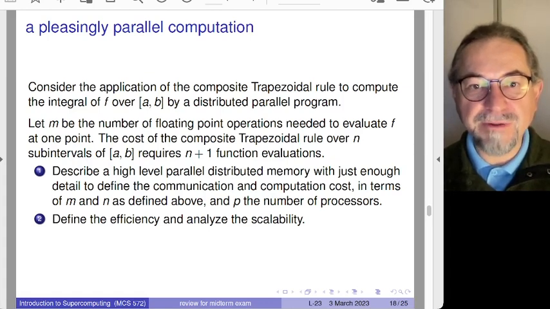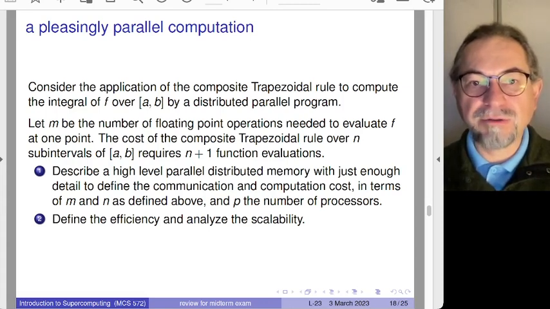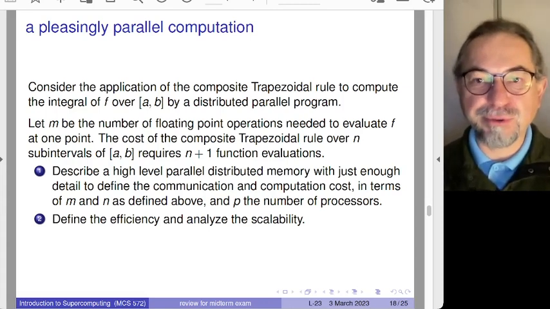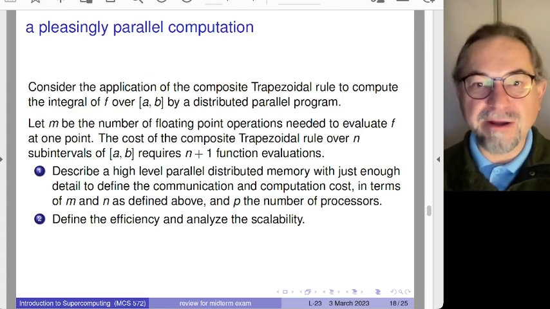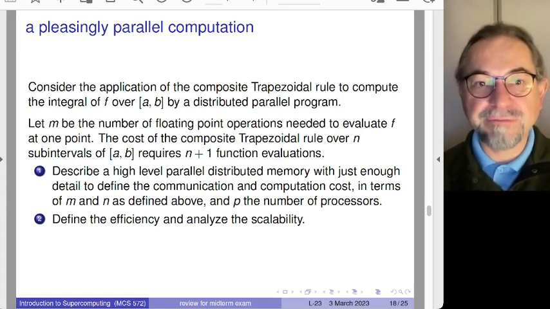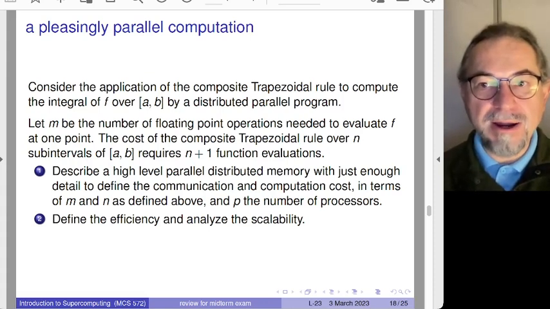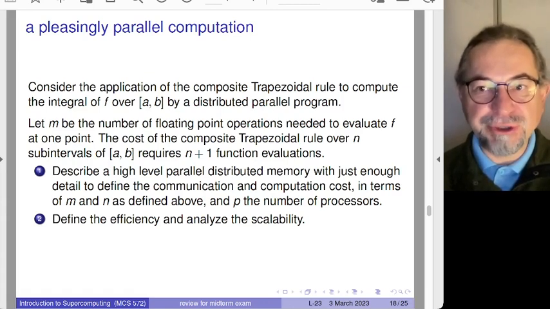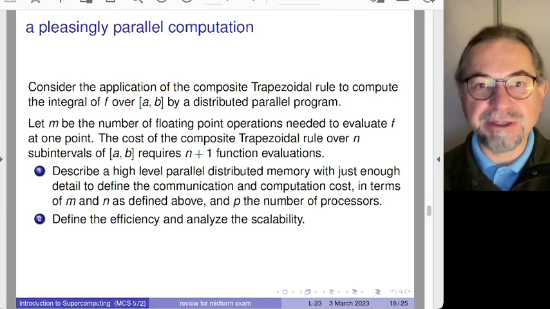We have n subintervals and m floating point operations needed to evaluate the function. Applying the composite trapezoidal rule requires n plus 1 function evaluations, multiplied by m, and then we also have the summation and the multiplication with the length of the interval.